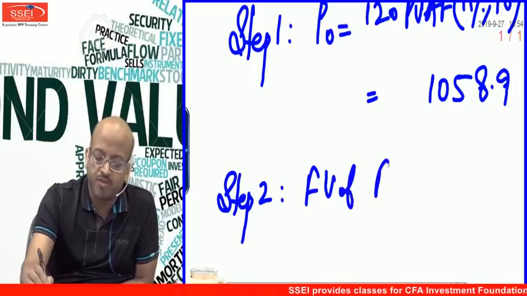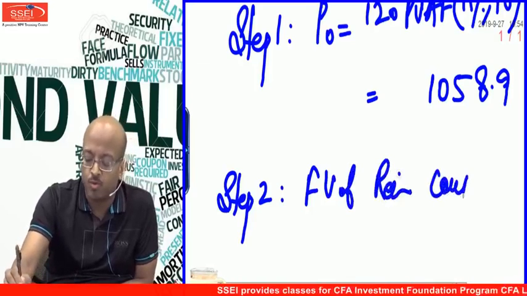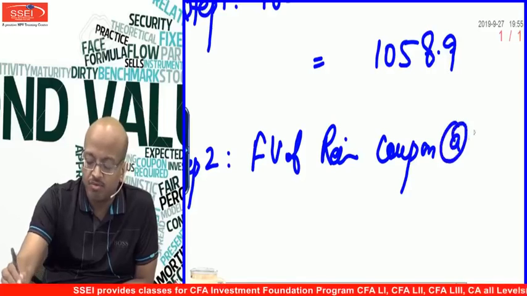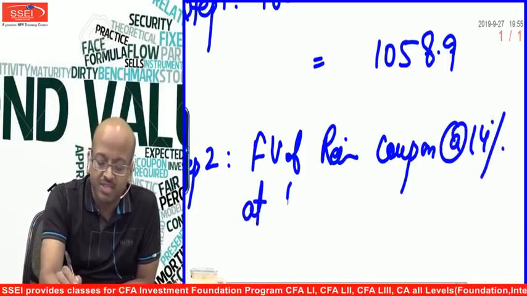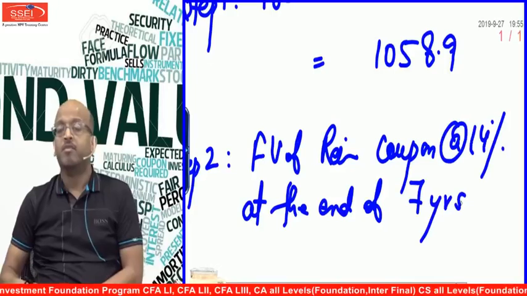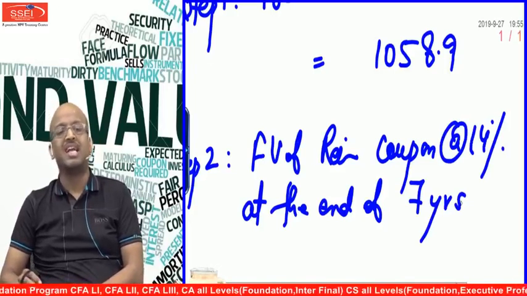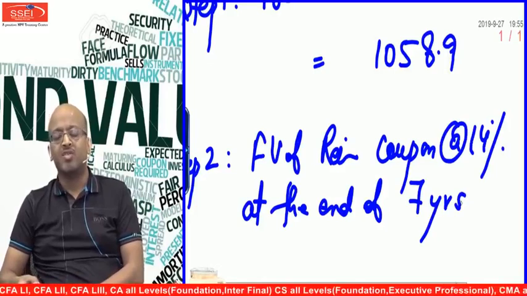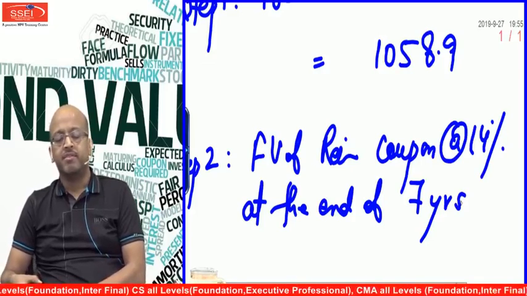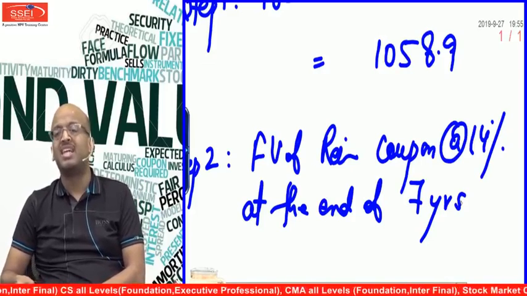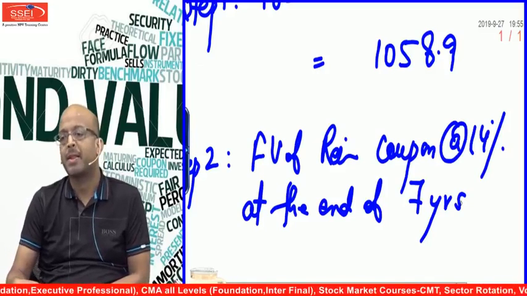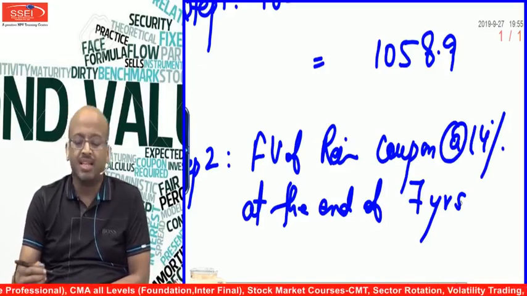Step 2: future value of reinvested coupon at 14% at the end of 7 years.